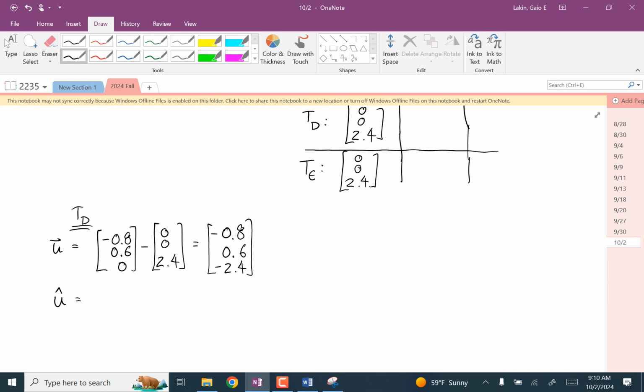And so what I got here for this unit vector is negative 0.308, positive 0.231, and negative 0.923.